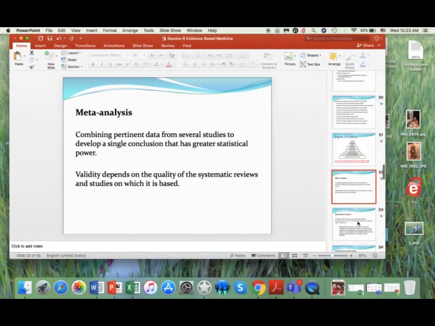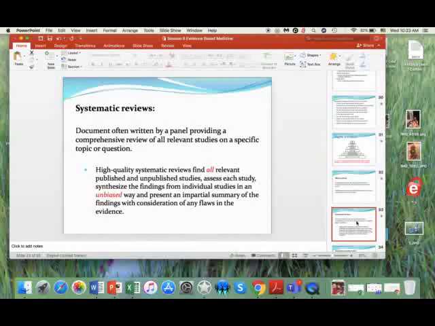So systematic reviews. This is normally a document that's written by a panel. It could be by the Ministry of Health or the government of a country or a medical society, say like the Jordan Medical Society might put out a document on how to treat hypertension.